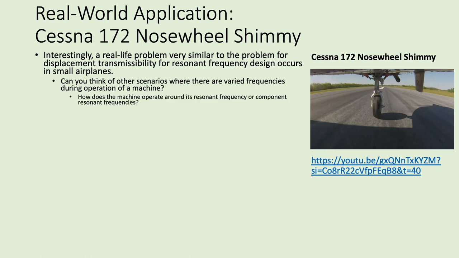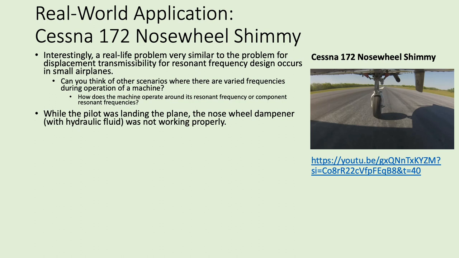How does the machine operate around its resonant frequency or component resonant frequencies? What would that critical damping versus an underdamped system resonant peak look like?